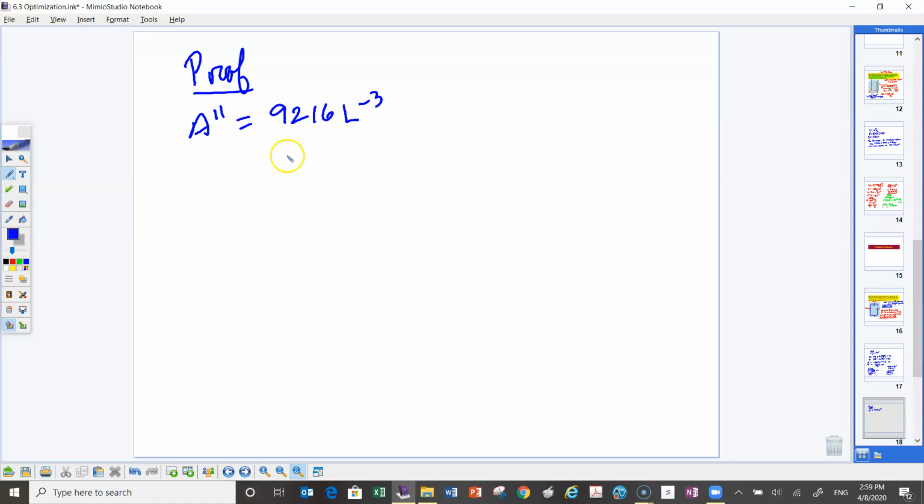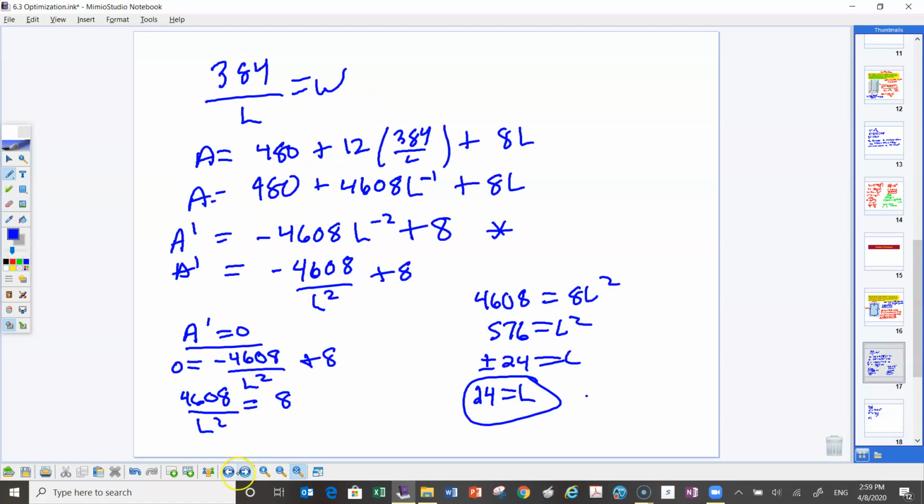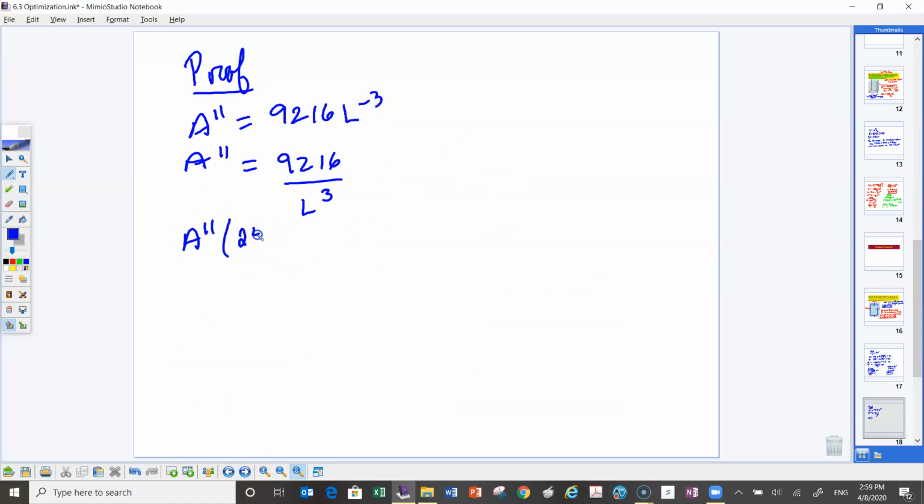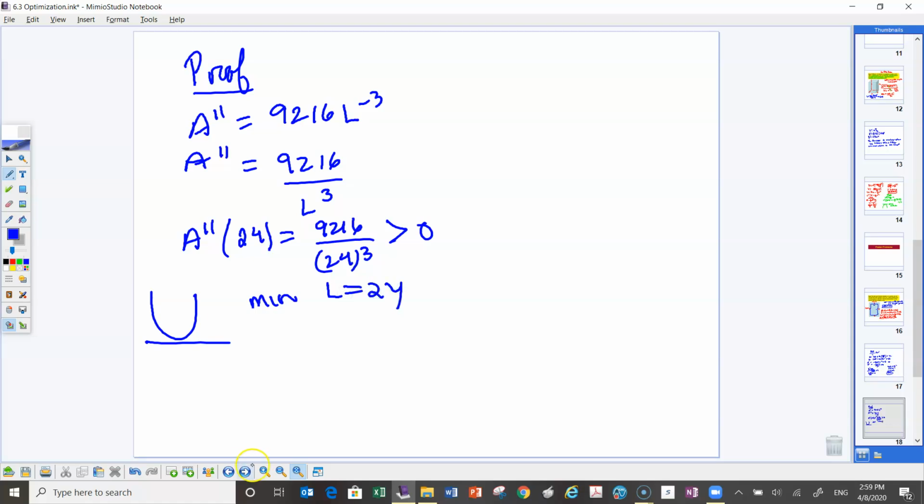So I'm going to rewrite this as 9216 over L cubed. Now the second derivative test: if I evaluate my critical number of 24 in the second derivative, this is going to be positive, which means my graph is concave up, and my critical number is at the bottom, so therefore I get a minimum when L equals 24.